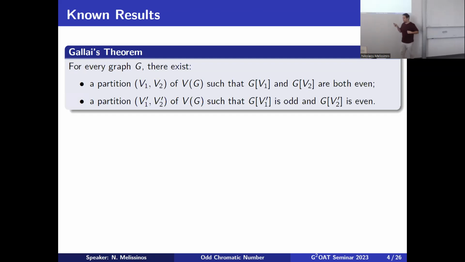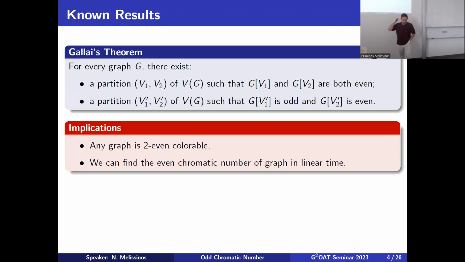Another result of that period was that you can partition the vertex set into 2 sets such that one set induces an odd graph and the other an even graph. This gives us the result that any graph is 2 even colorable, and we can easily check the even chromatic number of a graph because you can just check whether it's 1 even colorable by checking the degrees.